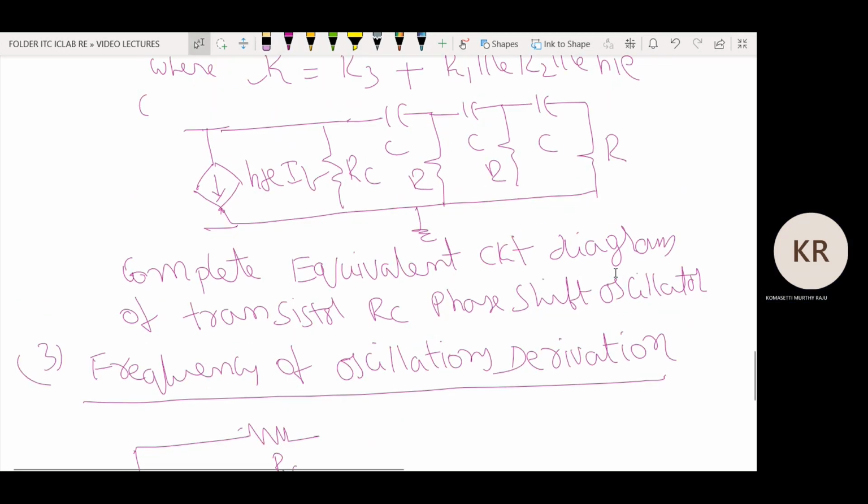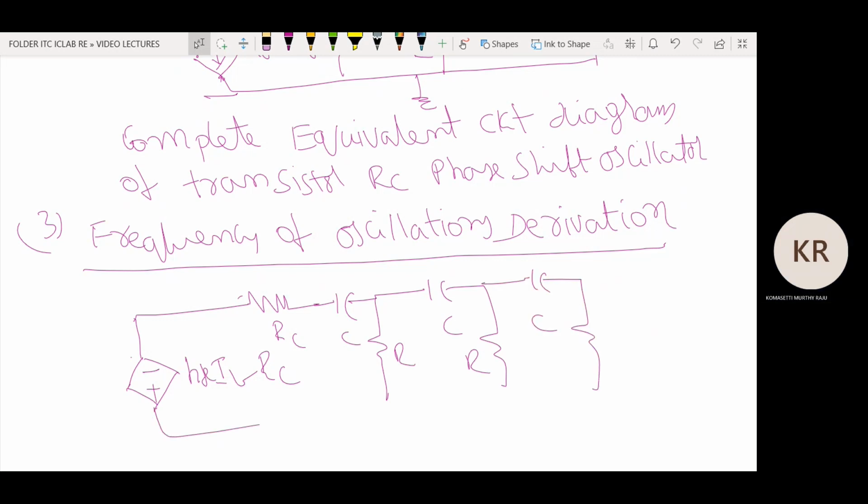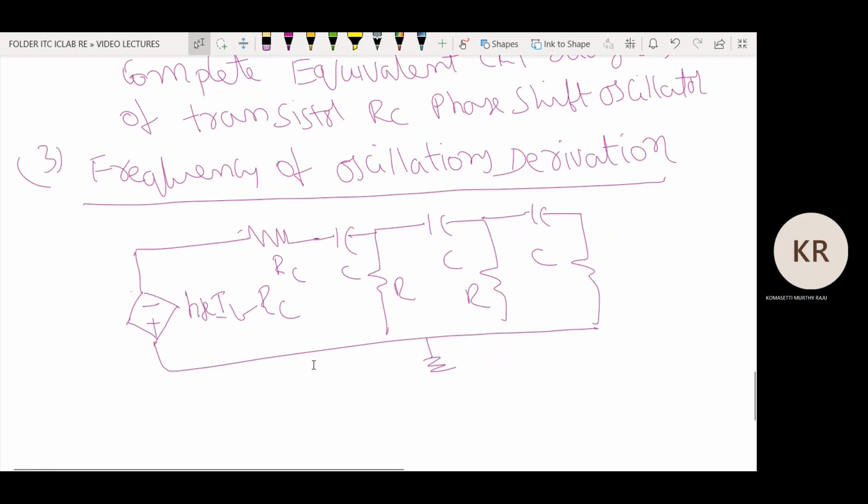Next one is C, R, C, R, C, and R. Loop considered, three loop currents.